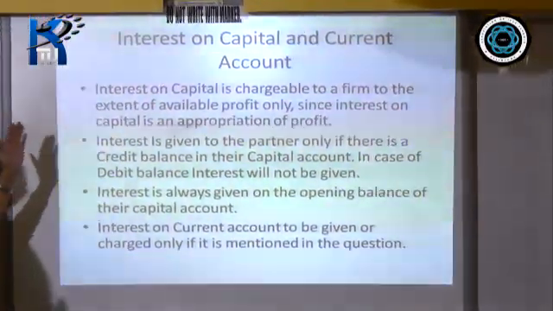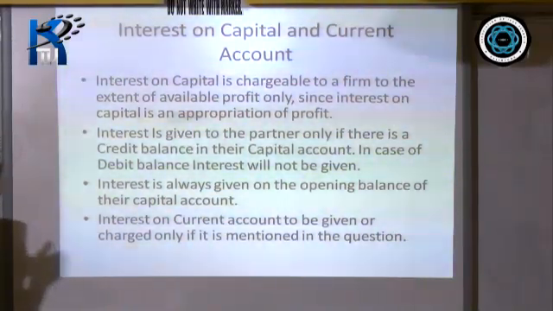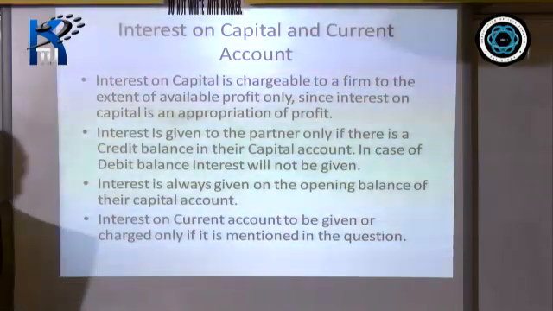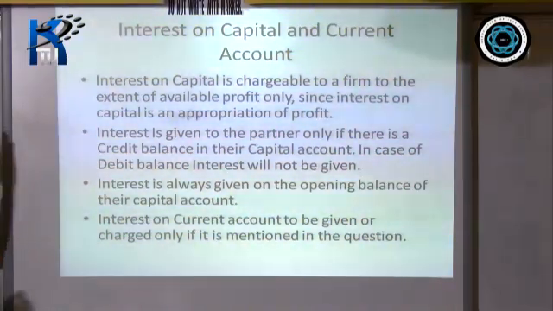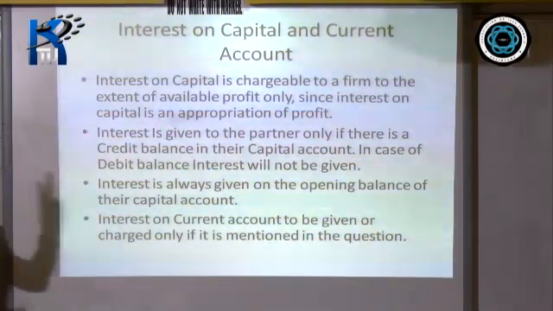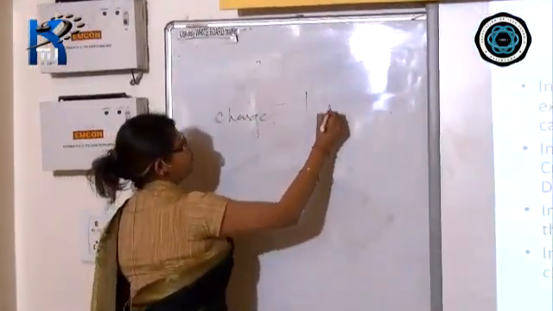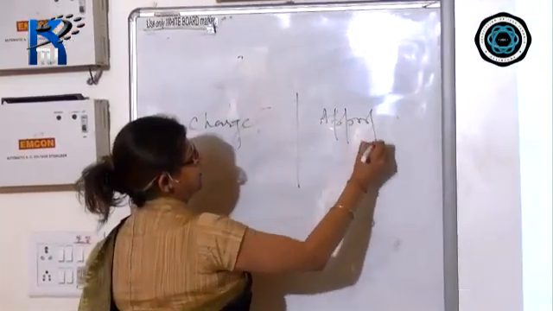Interest on capital is chargeable to a firm to the extent of available profits only, since interest on capital is an appropriation of profit. Now, what is appropriation of profit and what is charge against profit? These are two aspects we have to understand: charge against profit and what is appropriation.